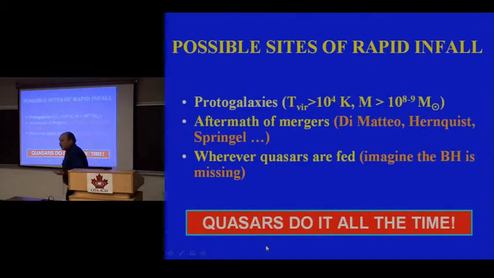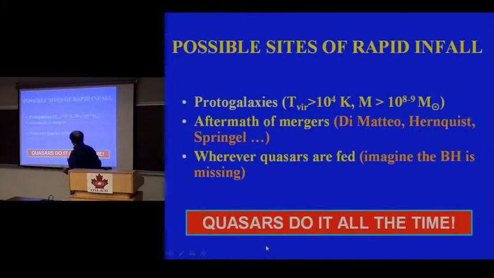If you can avoid fragmentation, then there are plenty of places where you could have situations where supermassive stars, in principle, could accumulate. Anytime you have a protogalaxy with a virial temperature greater than about 10,000 degrees, which means a mass of more than 10 to the 8 or 10 to the 9 solar masses, those kinds of objects would become fairly common at redshifts of about 12 to 15.